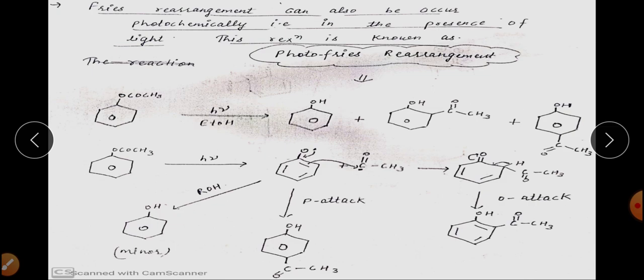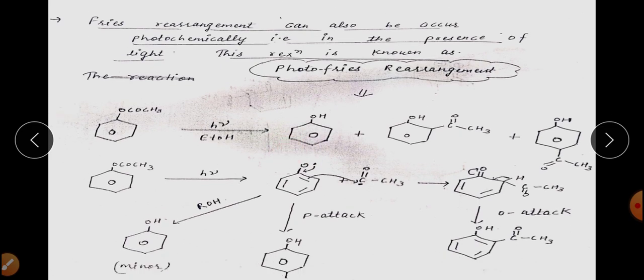So there will be an attack of this particular double bond, that is, a single electron will attack on this particular radical, and either ortho or para attack will be possible depending upon the condition, right? And how are we getting a minor product, that is phenol?